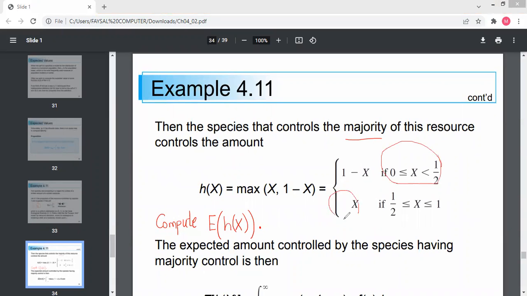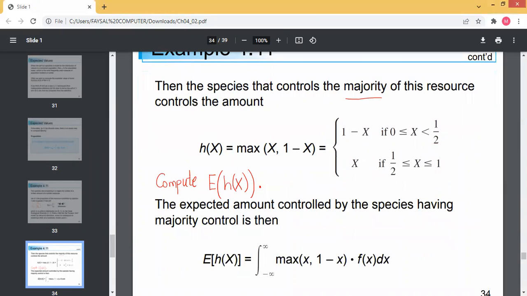For the interval 0 to 1 upon 2, the value is 1 minus x, and for the interval 1 upon 2 to 1, my value equals x. I have to compute the expected value E of h of x.